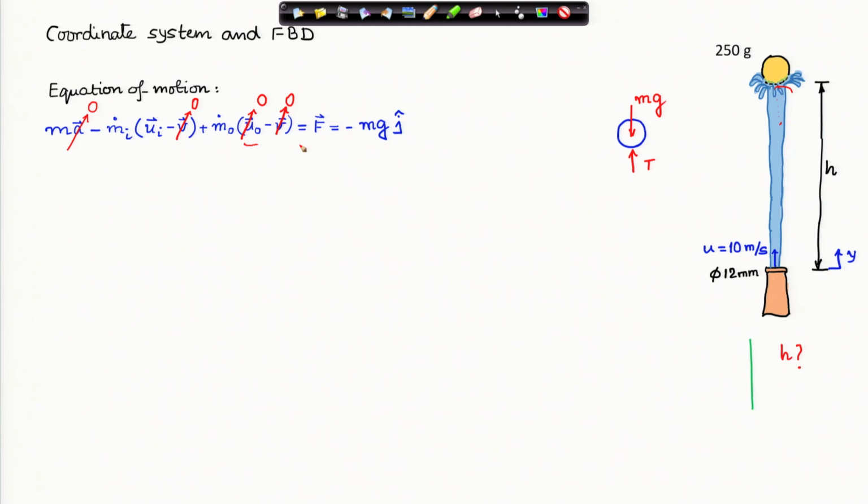So, the third term completely drops out from the left hand side of our master equation. On the right hand side, what we have is the net force, the non-flow forces. The weight is the only force acting, not related to the flow, and it is in the minus j cap direction. You should note that I have taken y vertically upwards as positive.